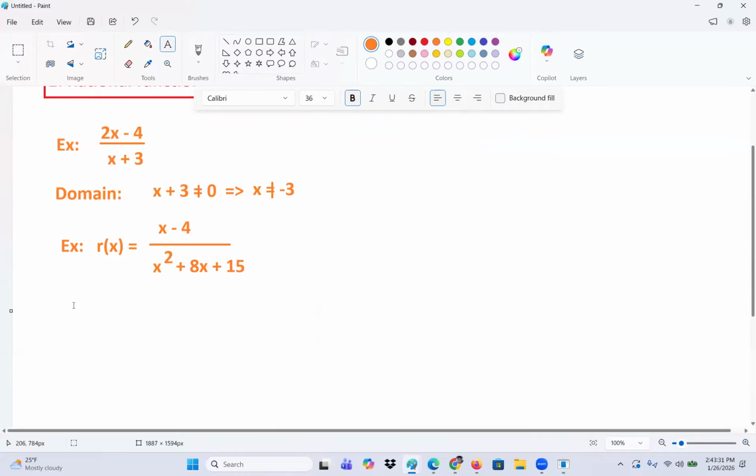So in order to find the domain of this, like we said, we want to make sure that the bottom cannot be 0, meaning x squared plus 8x plus 15 is not equal to 0.